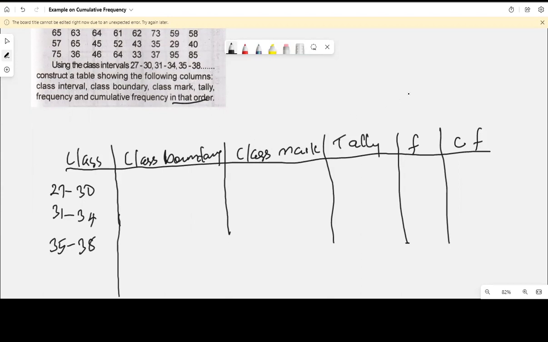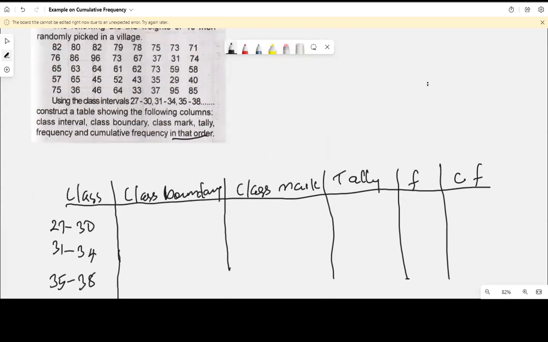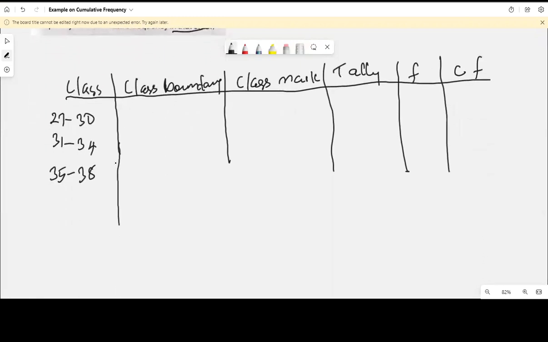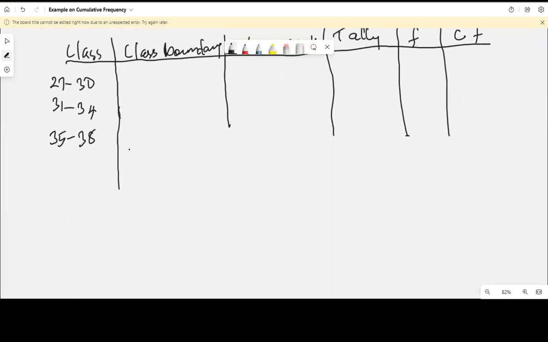So we're going to prepare the interval until we get to the highest value here. I think the highest number here is 95. So we must do this interval until we get to 95.